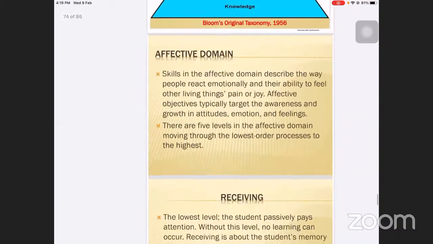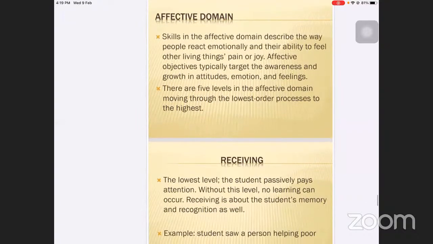Affective domain. This relates to the heart. The affective domain is related to your hriday, heart. Heart means if the brain is developed, the learning is easy for the students. He is responding very well.